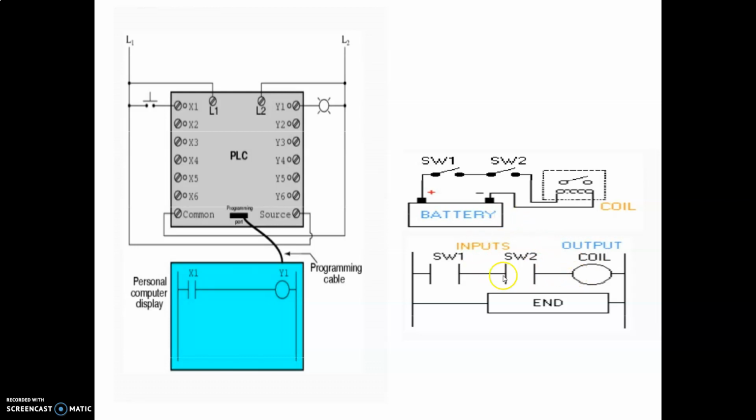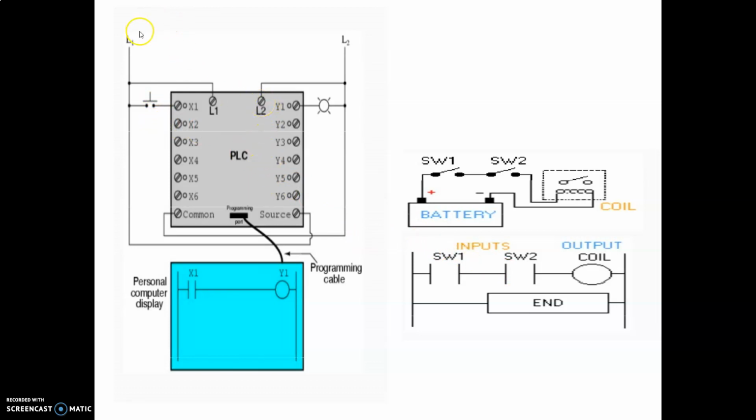How does this connection look like? On the left-hand side I have shown an image. This is not exactly the same type, they are different, but just for understanding we have placed it here. Look at how connections are made. For this example, we would add one more connection to the X2. We can see X1 and X2, which are nothing but SW1 and SW2, and this is the output.